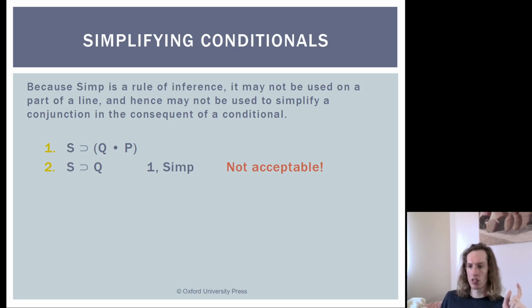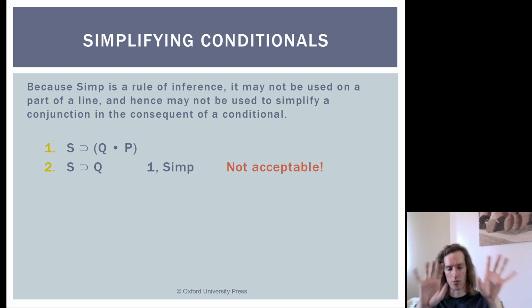You can only use simplification when the conjunction is the main operator on that line where it appears. Then, if it's the main operator on that line, there'll be two halves, and you can get the first of those halves onto a line by itself. Or you can use commutativity to swap them around and then get the other one on a line by itself.